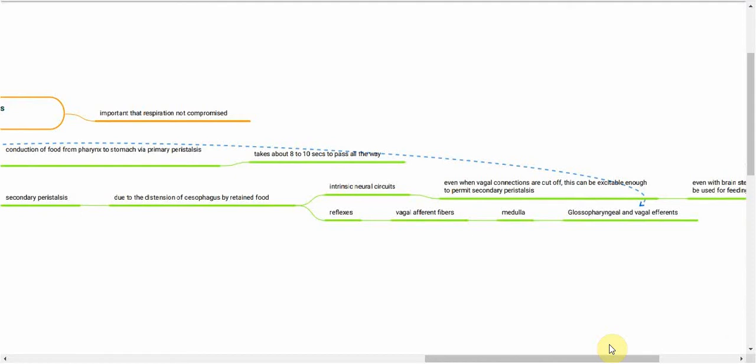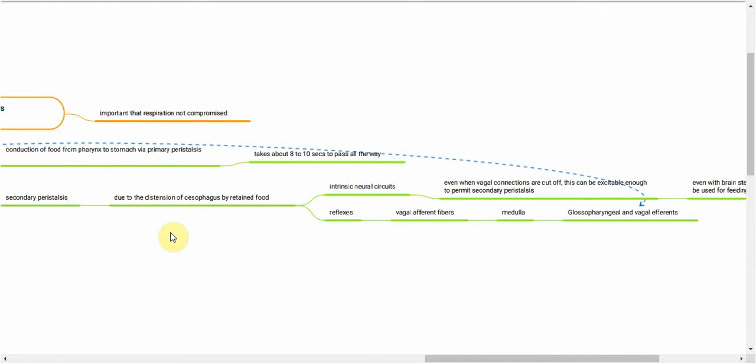But in a person, and this is rather important, because in a person whose swallowing reflex is not working because of brainstem swallowing center paralysis, that person can still be fed with a nasogastric tube. Right, because a nasogastric tube basically operates by secondary peristalsis.